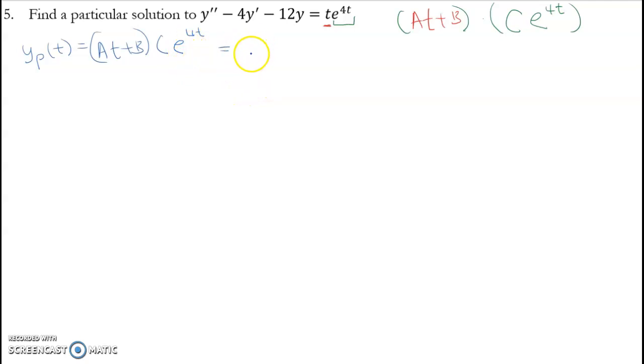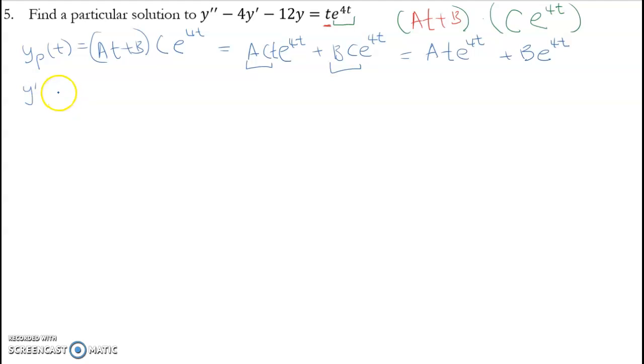If I distribute this, we get act e to the power of 4t plus bc e to the power of 4t. So we have lots of constants, and let's just say that a times c, we'll just give it one constant. I'm just going to call that a, t e to the 4t. And also b times c is just another constant, so I'm just going to call that b, e to the power of 4t. Okay, so this is our general particular solution.